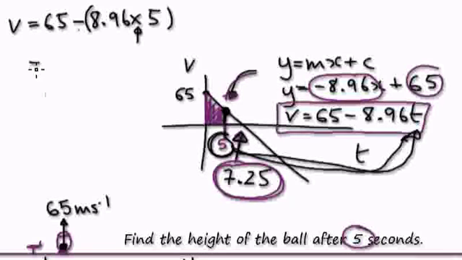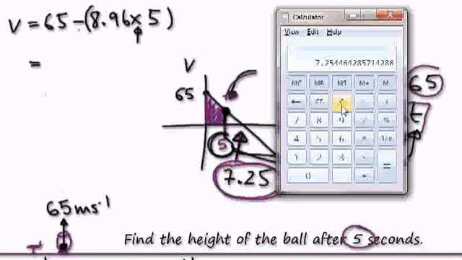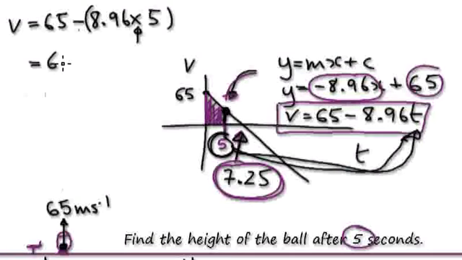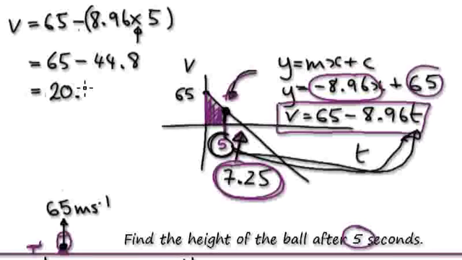So jump to your calculator: 8.96 times 5 equals 44.8. Then 65 take away 44.8 equals 20.2. So the height here, the velocity, is actually 20.2.